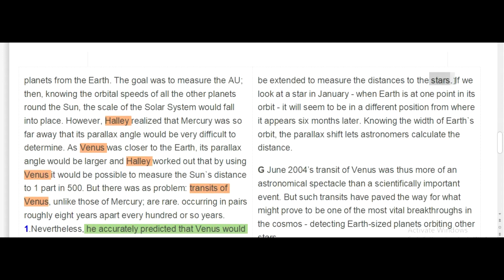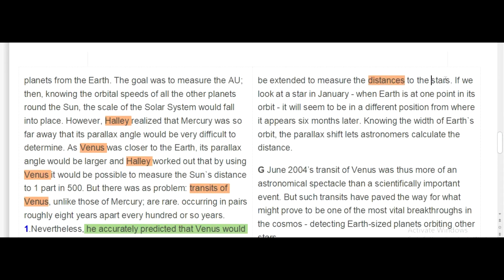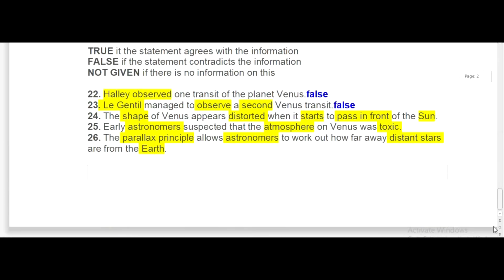Here I found stars, distance, stars here, earth, okay, I think astronomers is also a keyword.